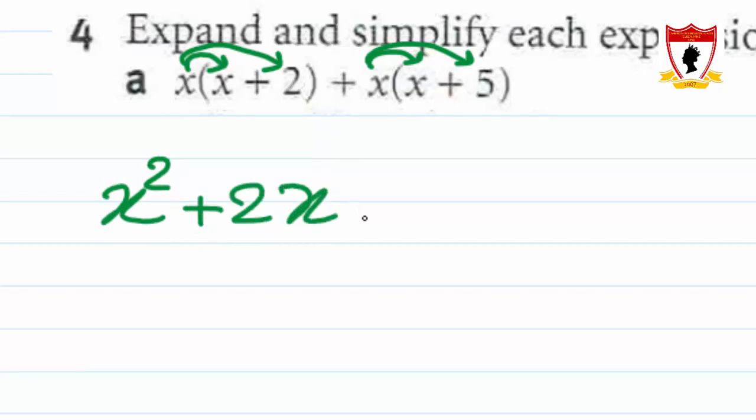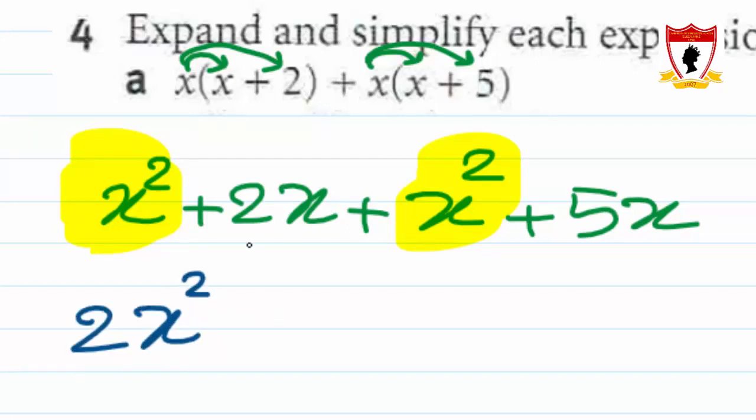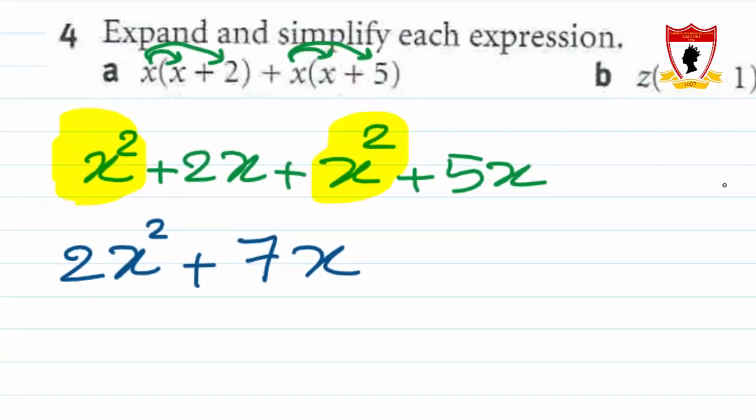This plus comes down here. x times x, x squared. x times 5 is 5x. Now add the like terms. x squared with x squared are like terms. 2x with 5x are like terms. x squared plus x squared, we simply have 2x squared. 2x plus 5x is 7x.